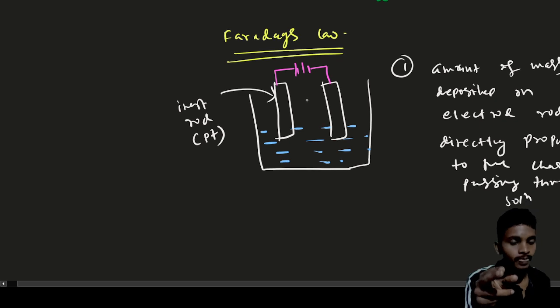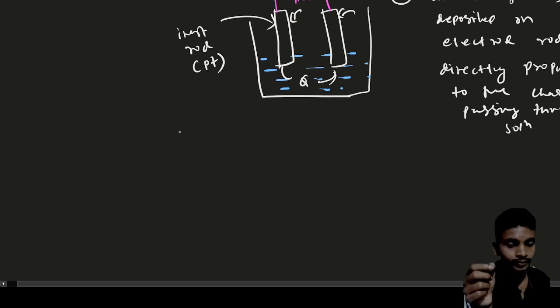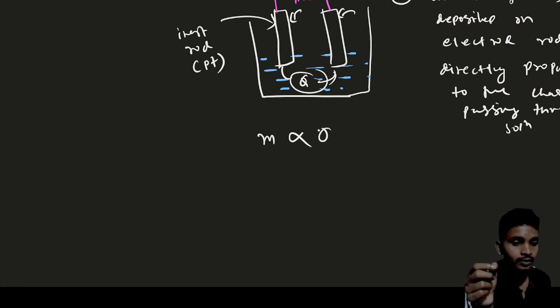That means the amount of mass deposited on these electrode rods is directly proportional to the amount of charge passing through the solution. So it means how many electrons are passing through the solution. So mass is directly proportional to this charge.